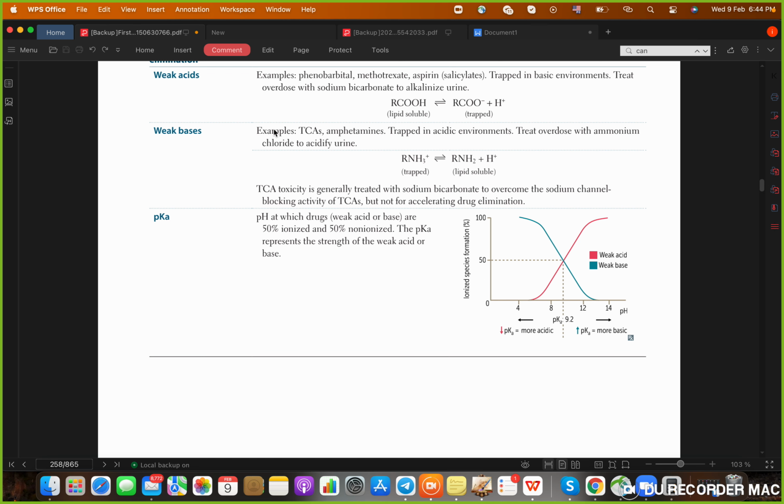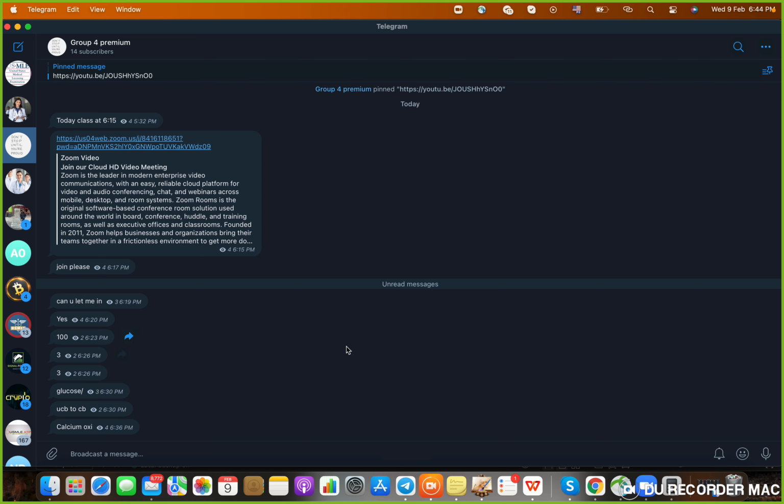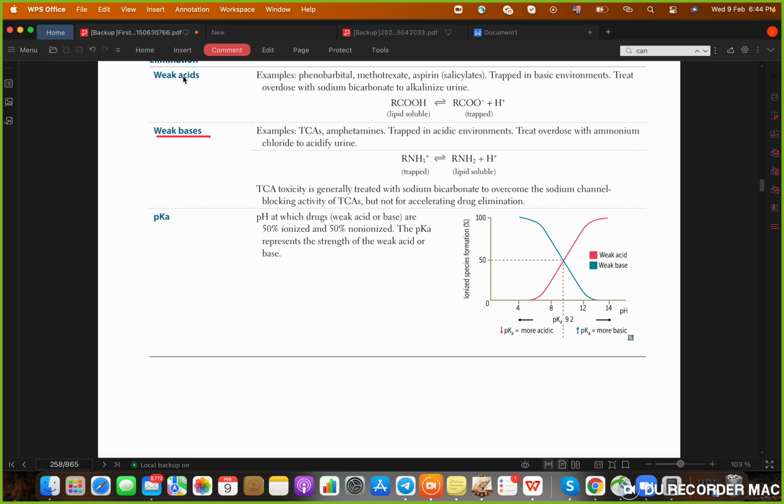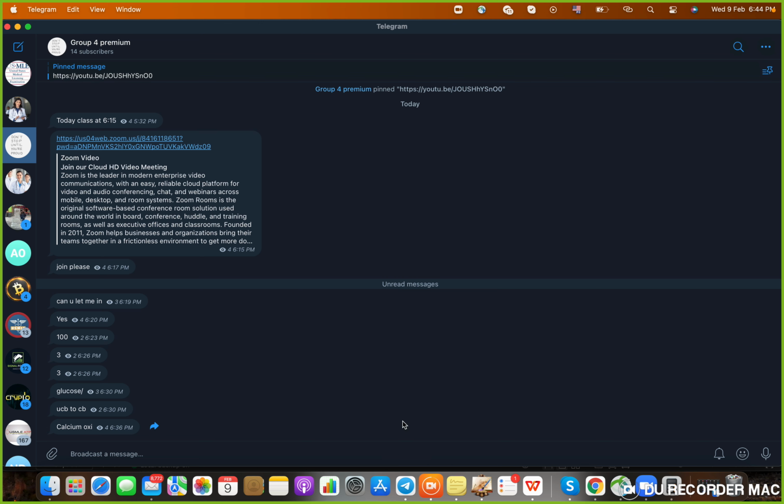So for a weak base, if you want to get it outside of your body, what should you do? Should you acidify or make the urine more alkaline to get it out of the body? Again, my question: for weak bases, what should you do to the urine to get the drug out?